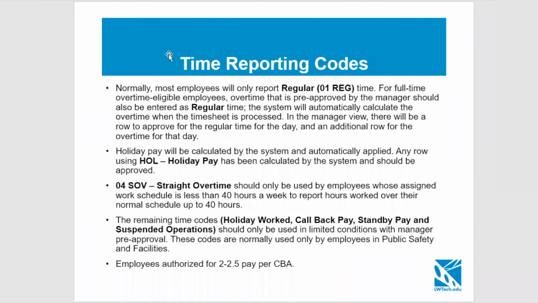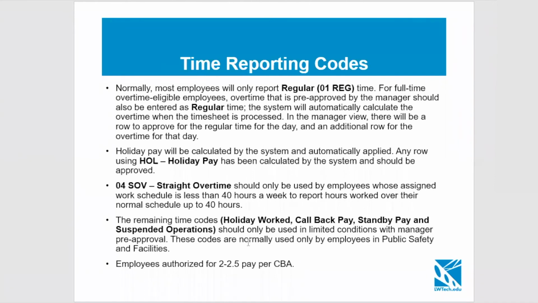So here is where we have time reporting codes. Normally our employees are only going to be reporting that regular time. Holiday pay, which is calculated at the system time that's already been approved. Straight overtime should only be used by employees whose assigned work schedule is less than 40 hours a week to report hours worked over their normal schedule.